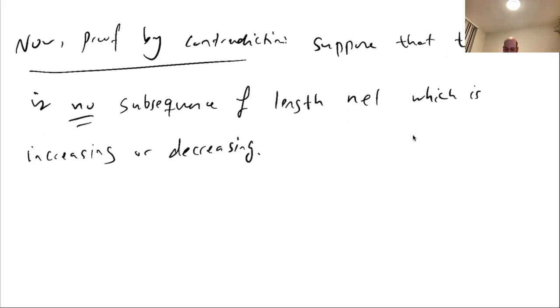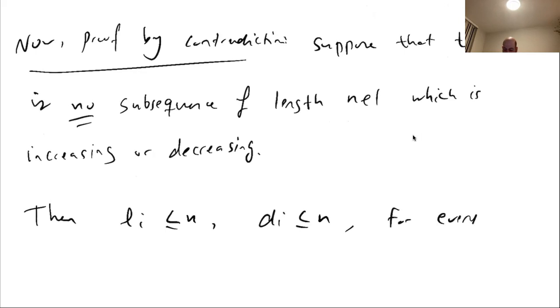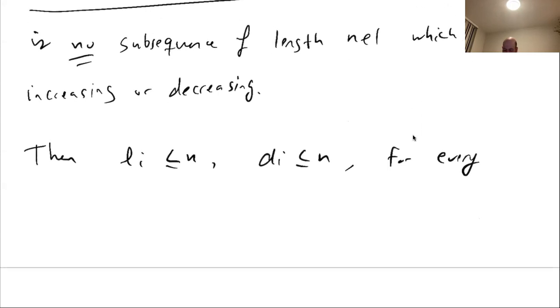So then I can say that Li is less than or equal to n and Di is less than or equal to n for every i between 1 and n squared plus 1.